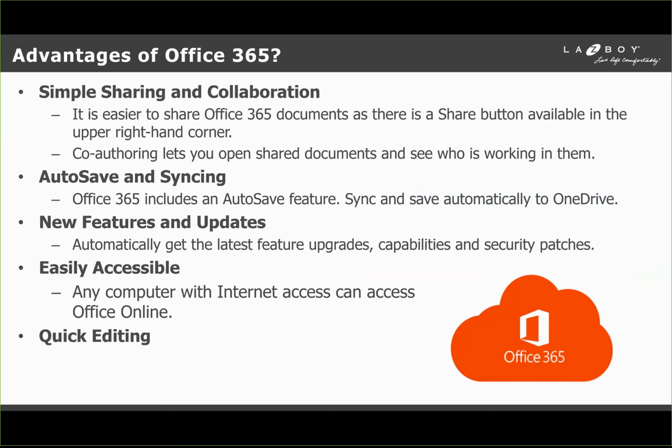You can also do co-authoring, which is a new feature where you can add people as an editor. Let's take, for example, a Word document. I could add myself and my coworker Matt to the document. I would be the owner of the document, but I can make him a co-author, which allows him to edit it and make changes to it, and I'll see those changes in real time.